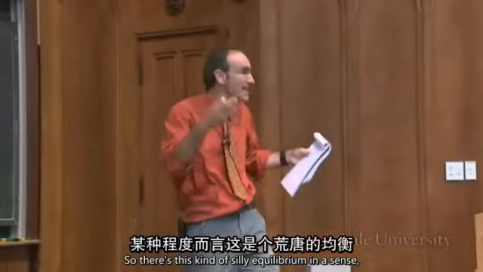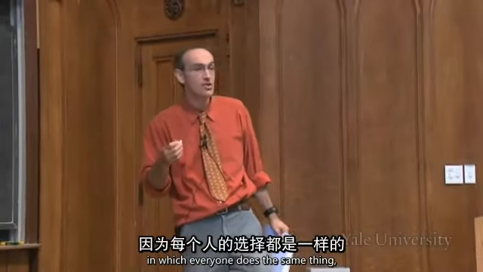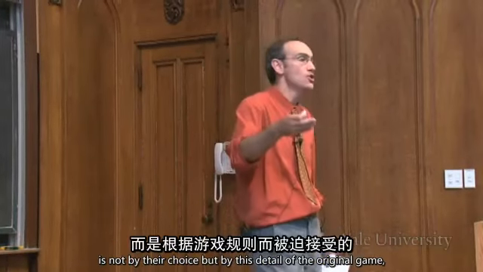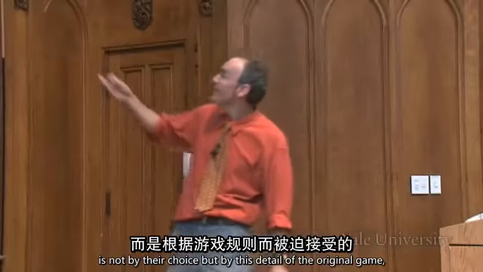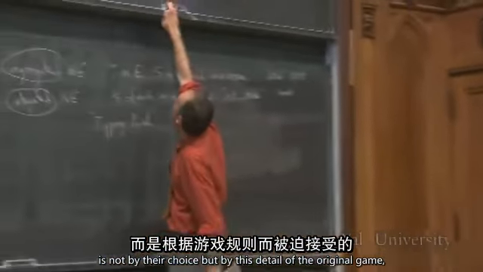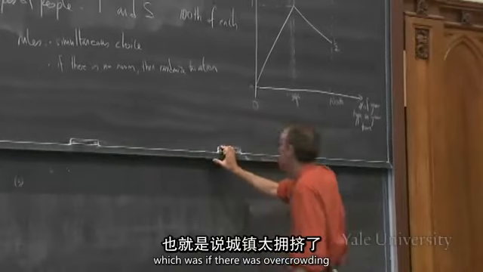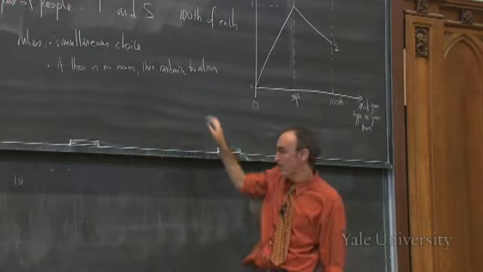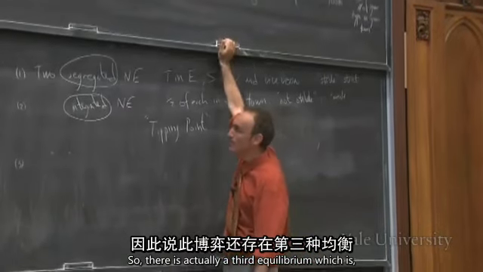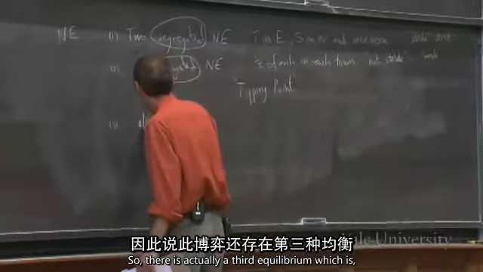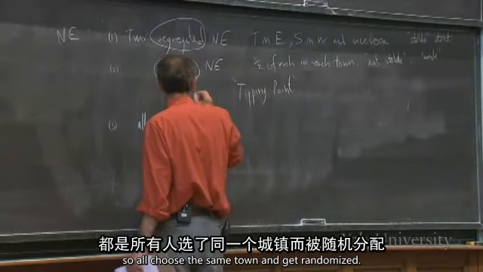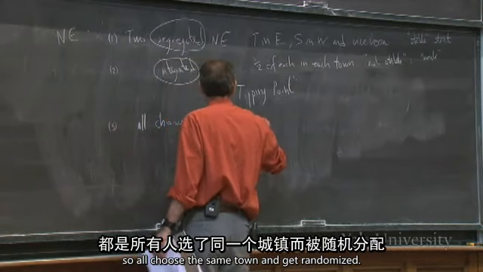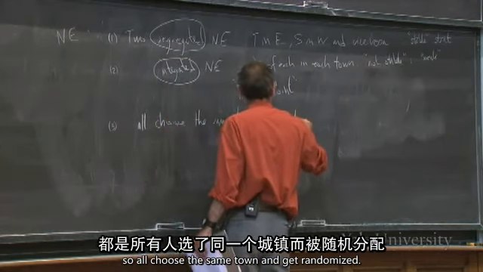So there's this kind of silly equilibrium, in a sense, in which everyone does the same thing, and the way in which people actually get allocated is not by their choice, but by this detail of the original game, which was, if there was overcrowding, we were going to randomize people. All right? So there is actually a third equilibrium, there's two of these, of course, so all choose the same town and get randomized.